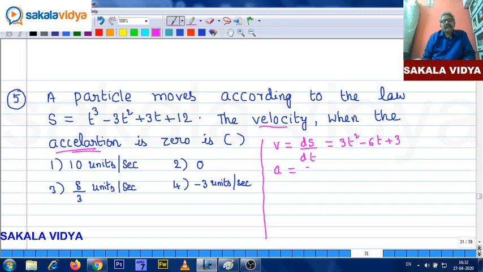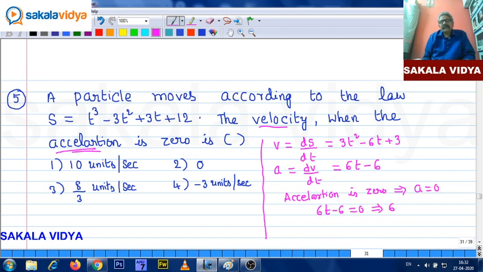Acceleration is dv by dt, which is 6t minus 6. Acceleration is 0, so 6t minus 6 equals 0, 6t equals 6. That means at t equal to 1 second, acceleration becomes 0.